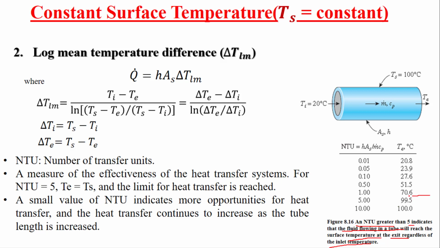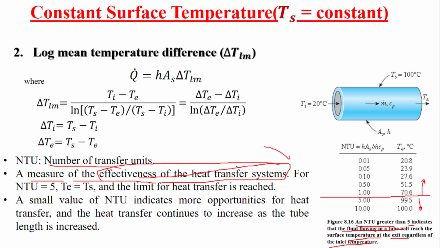Okay. So up to here we reach the target, we achieve the target. Beyond this value, we are still far away from the target. So NTU is the number of transfer units, and it is a measure of the effectiveness of the heat transfer system. So if the NTU is unknown and I calculate it and get a very high value, that means I have a very effective system.